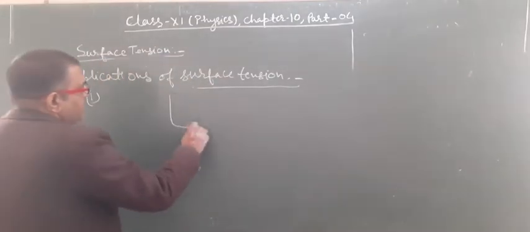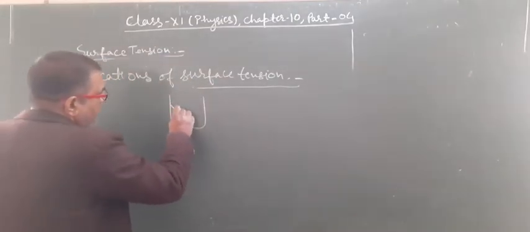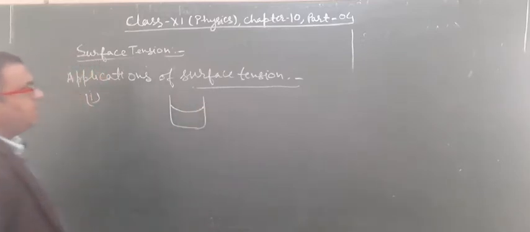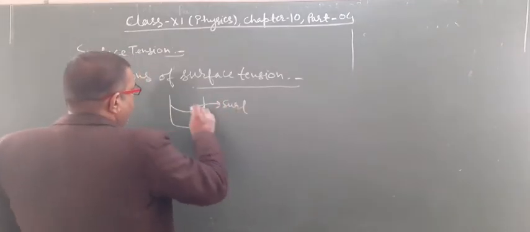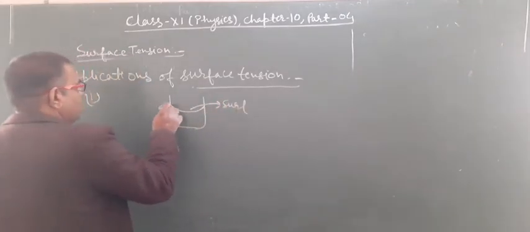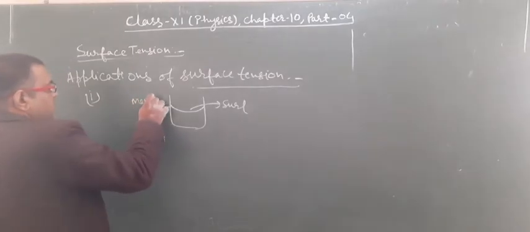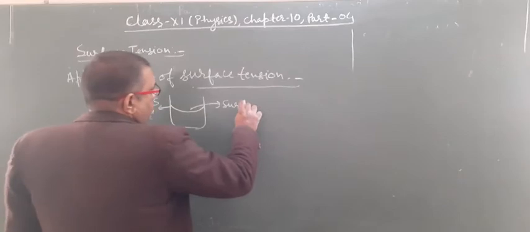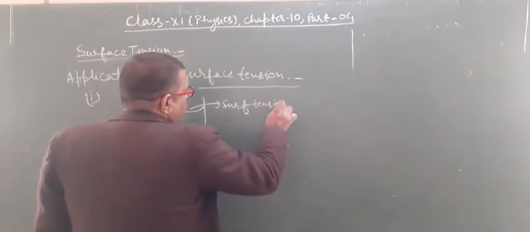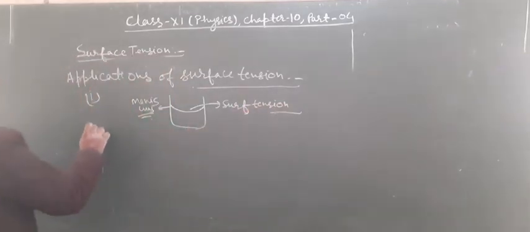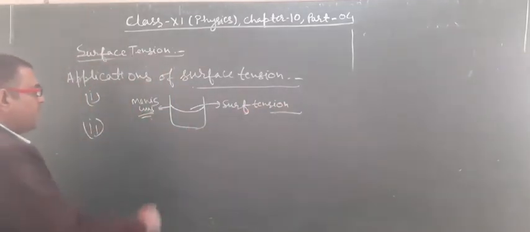This is called the meniscus. You have observed the curved meniscus of water, and this is due to the surface tension. The second application is the convex shape of the mercury.